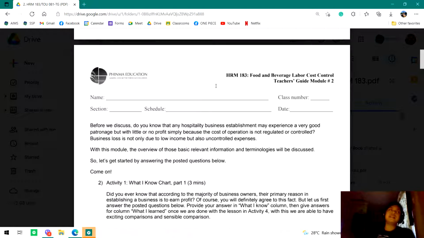Kasi to tell you honestly, looking back on those things that I have studied during my college days, food and beverage labor cost control is one of the most important, one of the most relevant na up to this day, ina-apply sa lahat ng business. So, ito yung sure ako na maa-apply ninyo pag kayo ay magkakaroon na ng sarili-sarili ninyong business in the future or pag kayo ay graduate na.